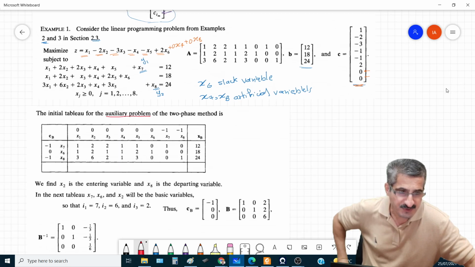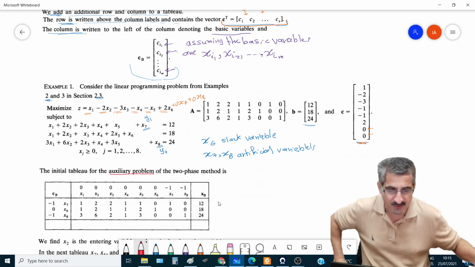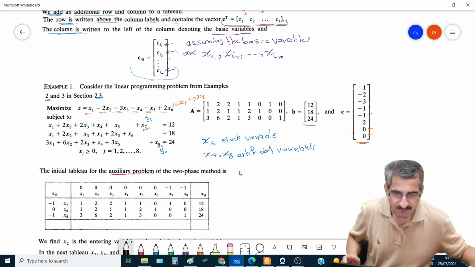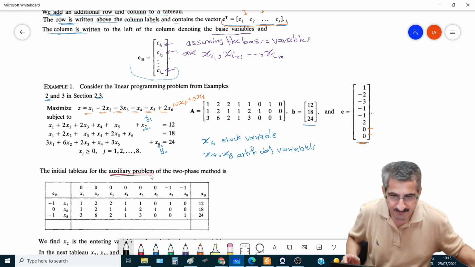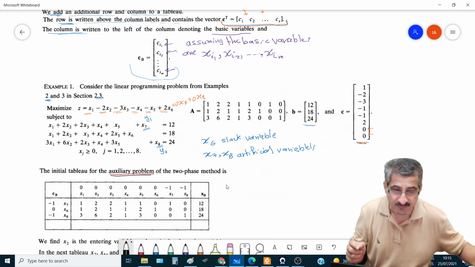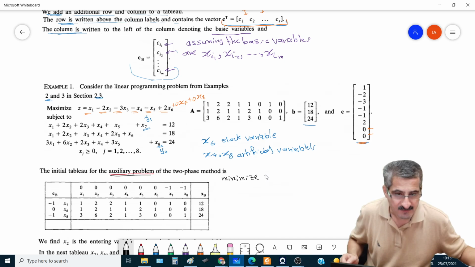Now, what we were saying here, adding the row. This is the row. Now the cost vector here. Remember, for the auxiliary problem we have a cost vector. How do we get the cost vector for the auxiliary problem? The objective function of the auxiliary problem is to minimize Z prime equals y1 plus y2, which is now x7 plus x8.